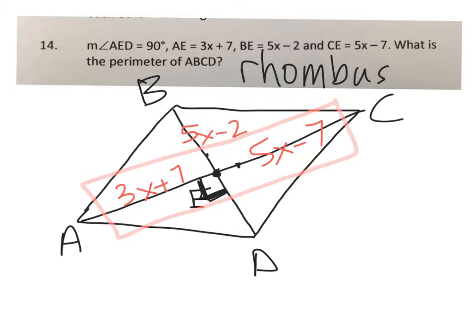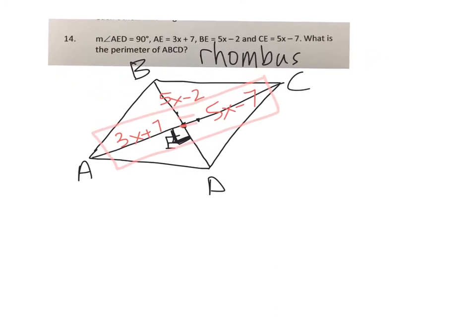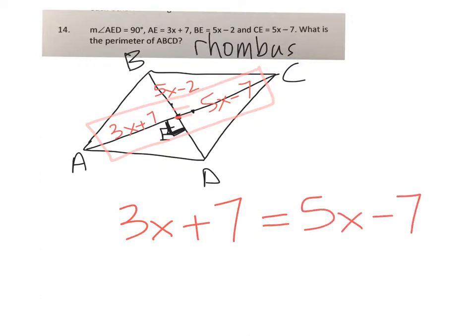So these two diagonal lengths must be equal. So it's the property that all parallelograms have that the diagonals get bisected that allows us to write down this equation that 3x plus 7 has to equal 5x minus 7. Okay, that comes from the fact that the diagonals are bisected in every parallelogram.